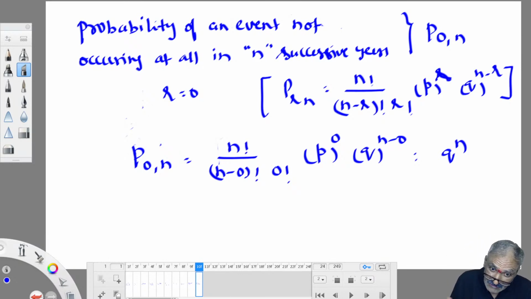The more number of times it occurs, the more risk there is. If an earthquake occurs more number of times during the life period of a building, the risk for that building is very high, isn't it? So whenever you hear the term at least once, what does it indicate? The risk associated with that, that is, occurring one or more number of times. Understood?